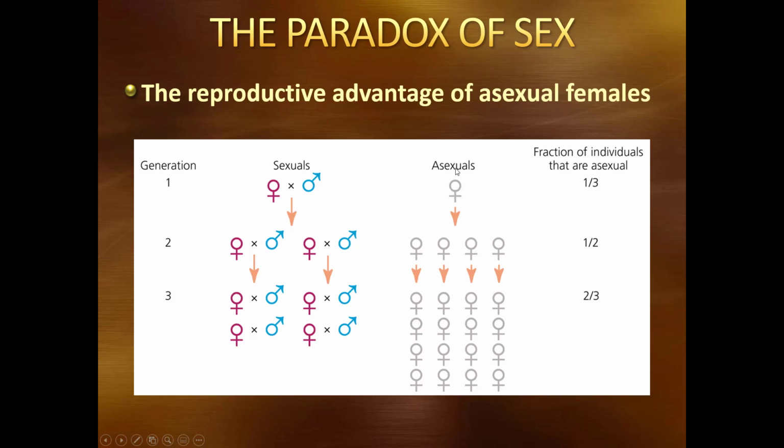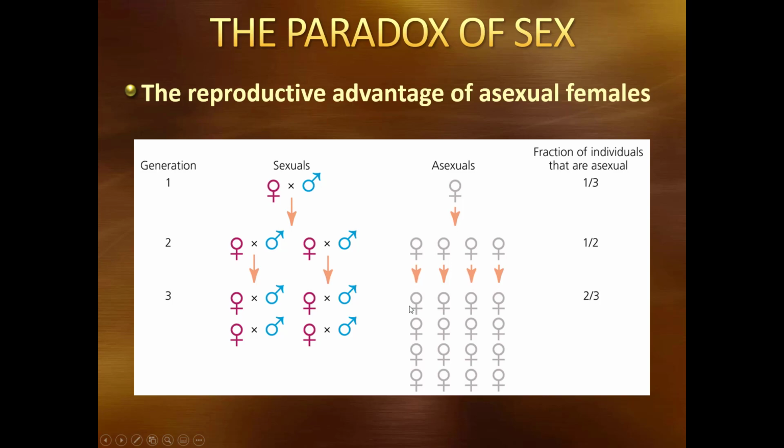In the beginning, our asexual individuals were 1/3 of the population if you just count all these individuals up. By generation 2, they're actually 1/2 of the population, and by generation 3, they're 2/3 of the population. So you're seeing an increase in the frequency of asexual individuals and a decrease in the frequency of sexual individuals.